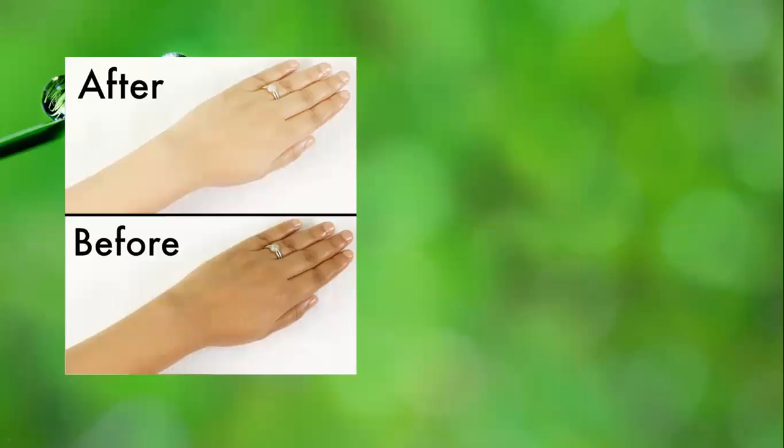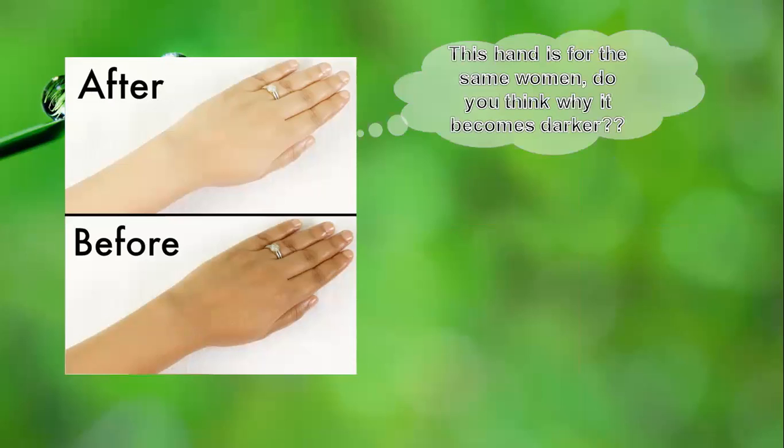Here we have a hand, and this is the hand of the same woman, after and before. What do you think happened to her hands? Why did it become darker?